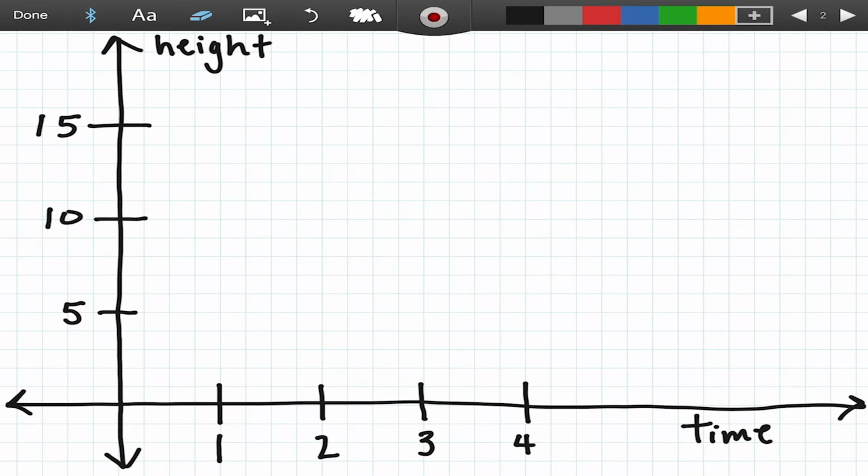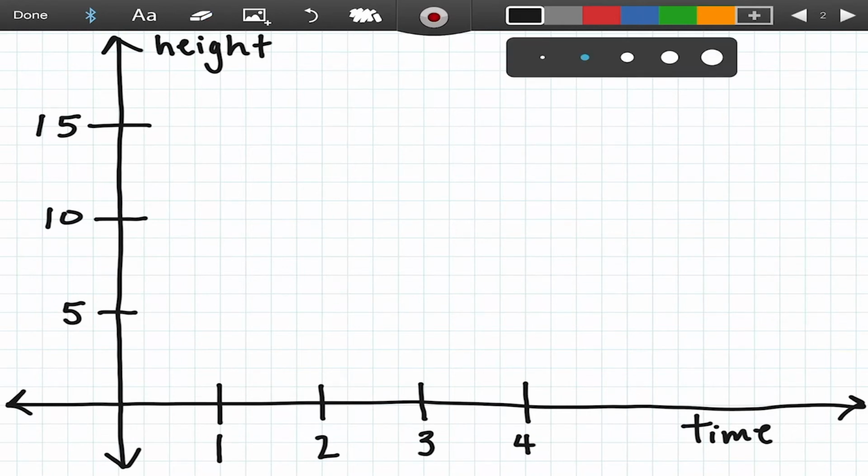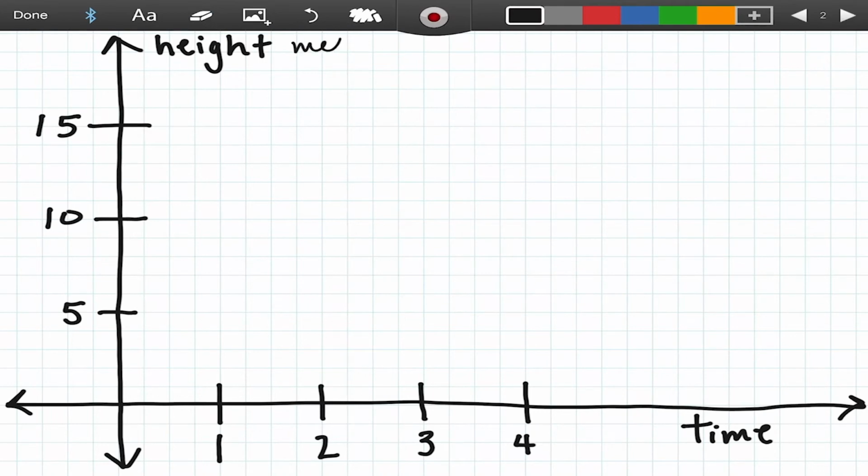So I've drawn this graph. The y-axis is going to be represented by height. We'll say this is in meters. Not like it really matters all that much. And then time is in seconds.